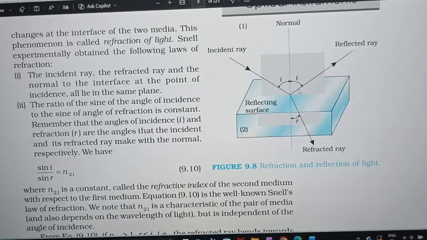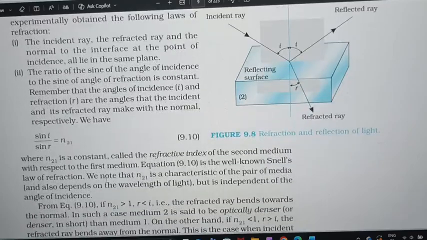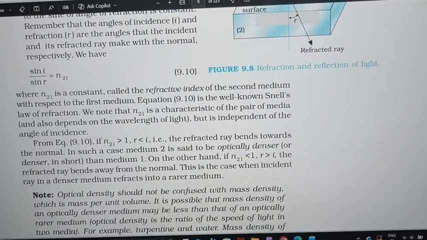Now take different angles. For example, you are taking some laser light and pointing it, first at 30 degrees, then at 40 degrees, anything, and you measure the refracted ray that is obtained. In every single case you will get a constant value, approximately constant, while doing the experiment. That is nothing but the refractive index.